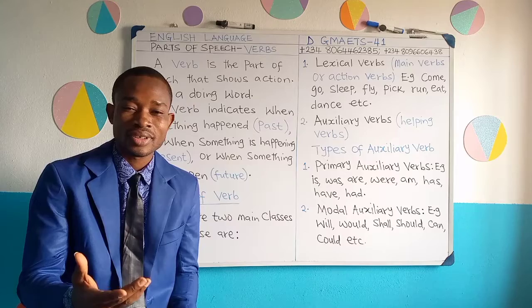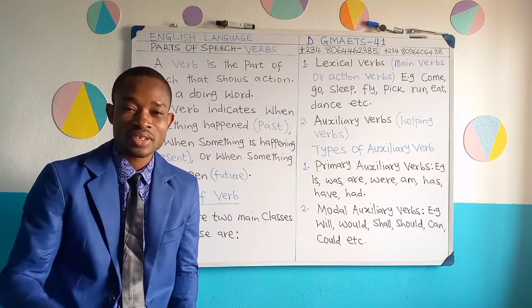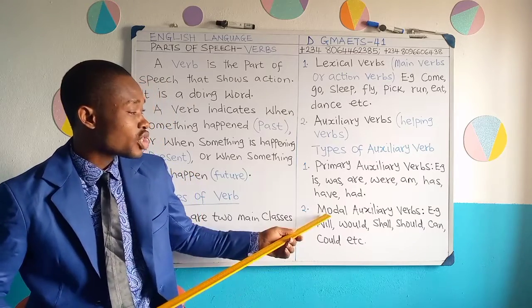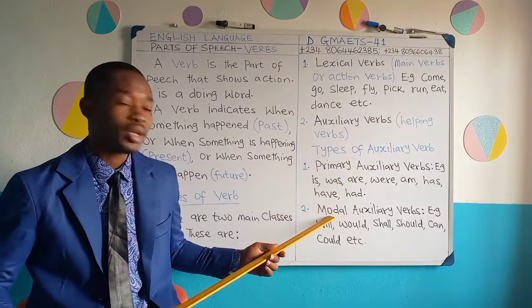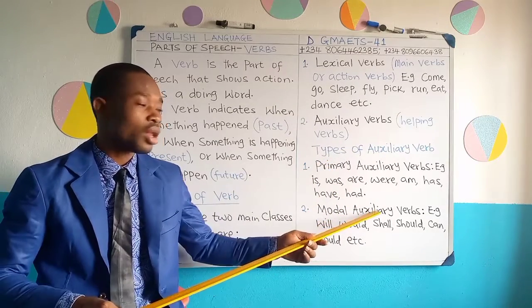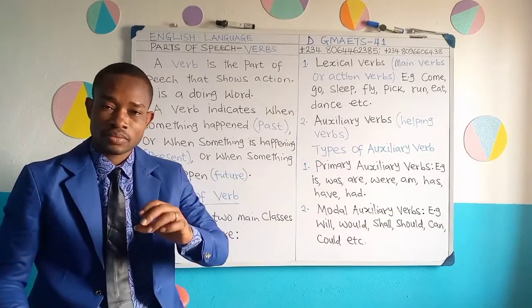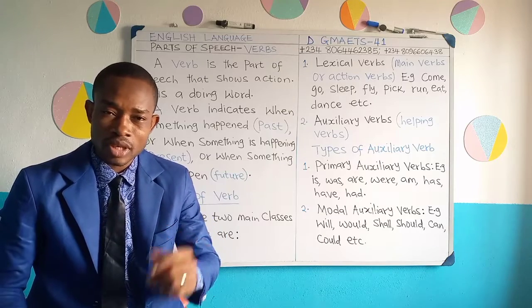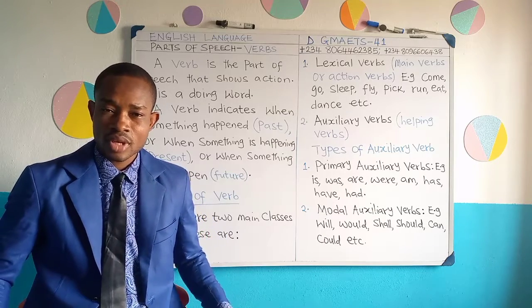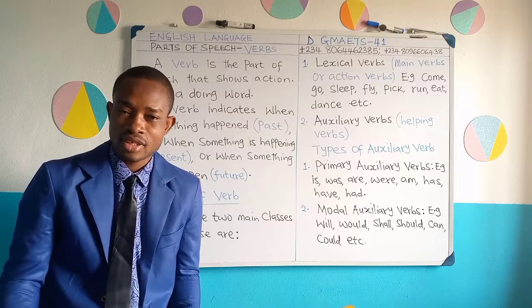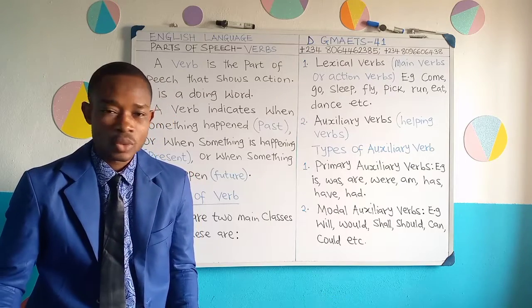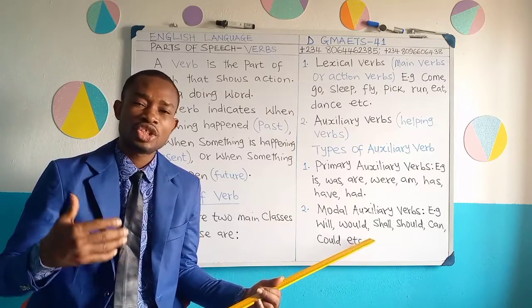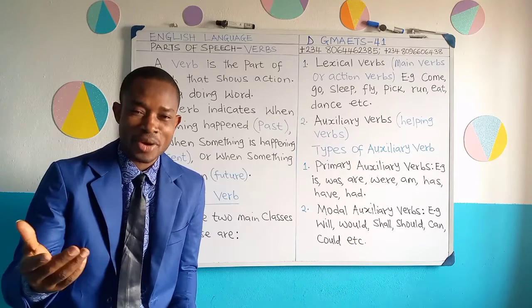They only help the main verbs in a sentence. Alright, the second type of auxiliary verb is known as modal auxiliary verbs. Examples of modal auxiliary verbs include can, could, will, would, shall, should, and others.